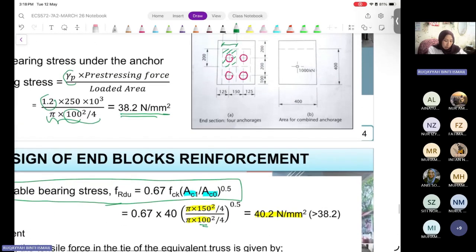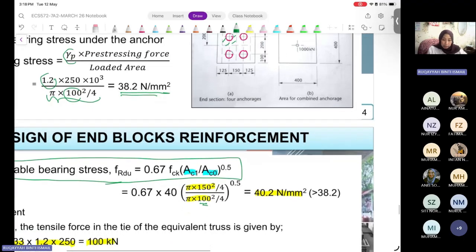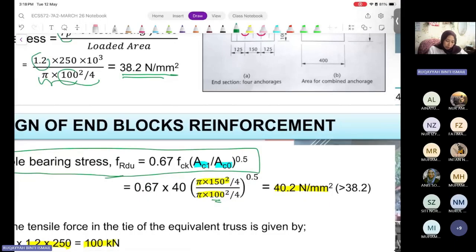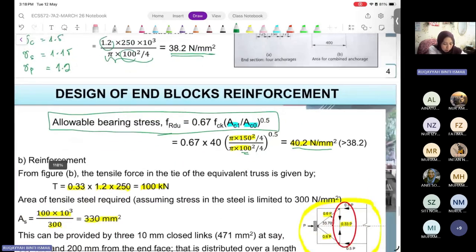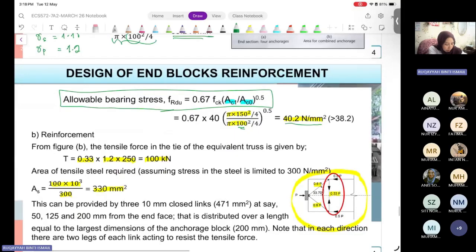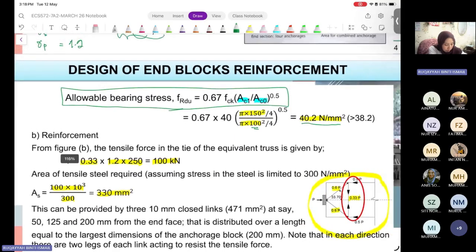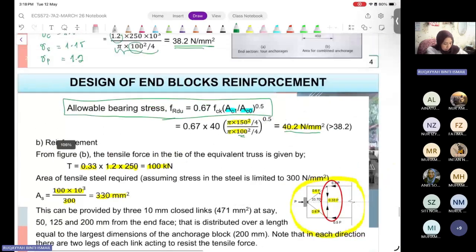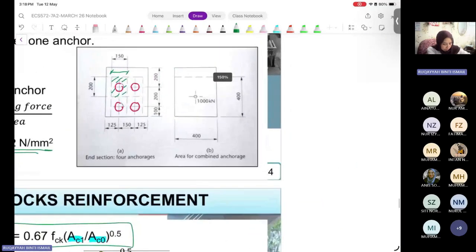Divide by 4 to get the area for each, and you get a total resistance of 40.2 N/mm squared. So the resistance is obviously more than the applied actual bearing stress of 38.2. Technically, we then want to provide figure B, this one.